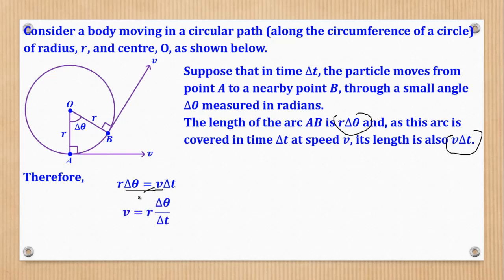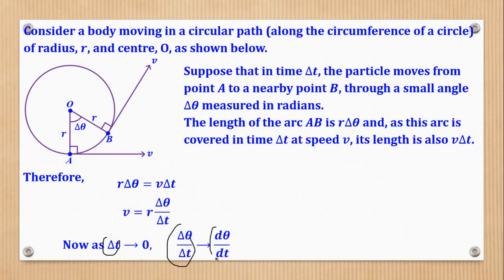When we make v the subject, we shall come up with r delta theta over delta t. As delta t tends to 0, this tends to dθ/dt. And you already know that dθ/dt is omega. So let's first replace this with dθ/dt to give you this.